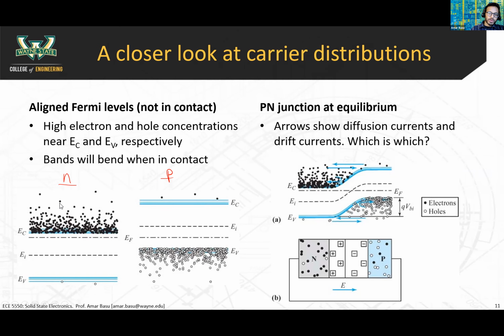There are fewer and fewer electrons the farther up you go. And remember, in an n-type material, there are still some holes, very, very few holes. In the p-type material, you have many, many holes and very few electrons. This is before contact is established. So you have the Fermi levels here, but the bands have not done the band bending yet.